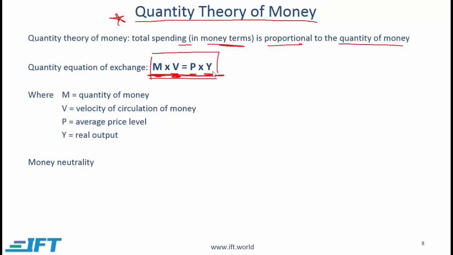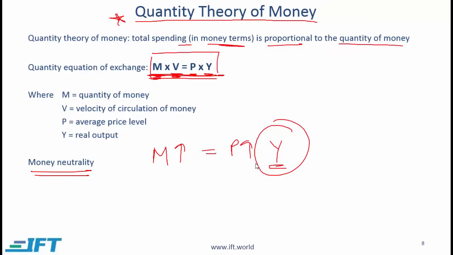This equation can be used to explain the concept of money neutrality, and in simple terms, here is the concept. If we increase the amount of money supply and the velocity stays constant, then the price level will go up and the output will stay the same. In other words, we cannot increase our real output simply by increasing money supply.